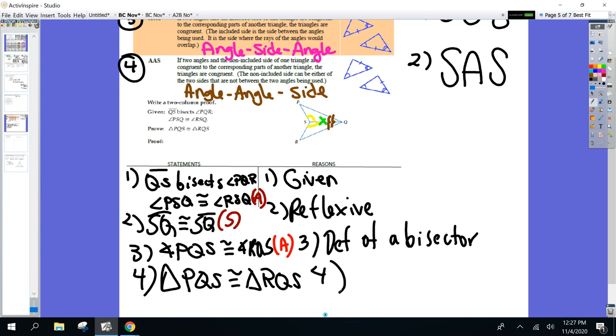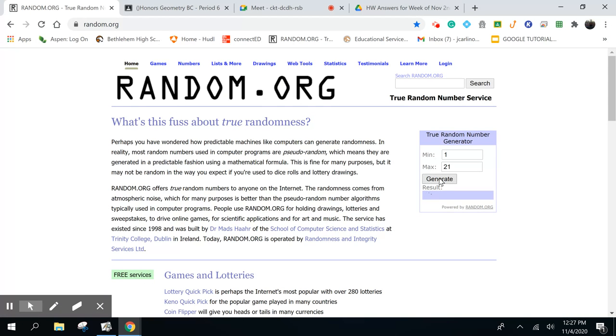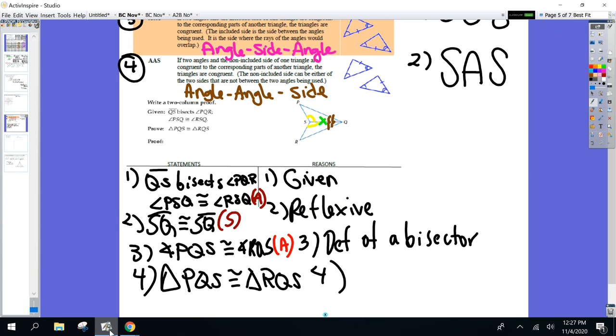So what method do you have for me here? Woo! Going back, Sarah. Angle, side, angle. The side SQ is in between the two angles, so she is correct. Nice job. Angle, side, angle. It is in between. And there it is, triangle proof.